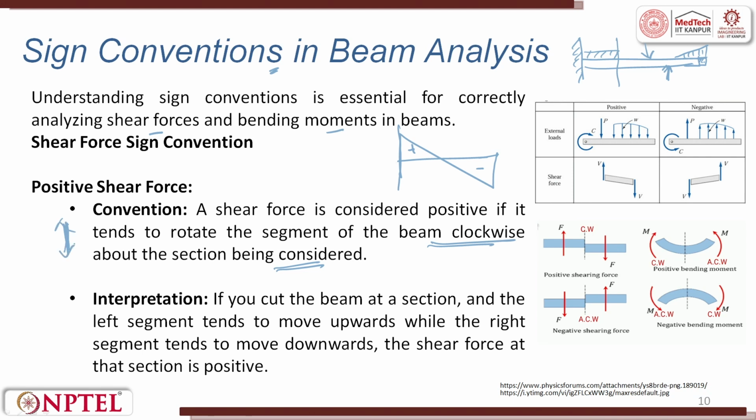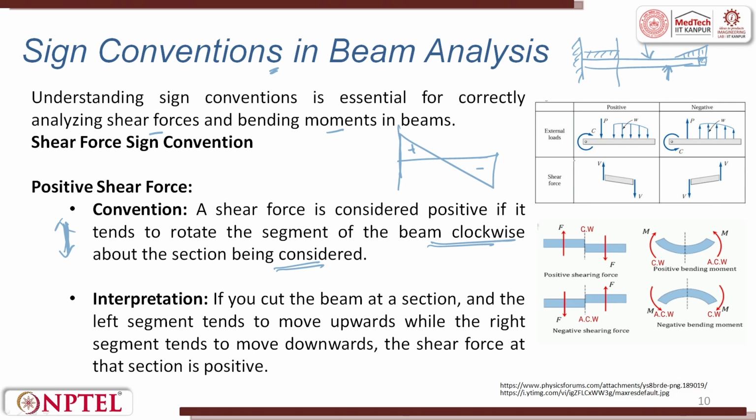Once you have a positive shear force, you can try to get the load intensity, how it is getting distributed, right. The interpretation is, if you cut the beam at the section and the left segment tends to move upward while the right segment tends to move downward, the shear force at that section is positive.